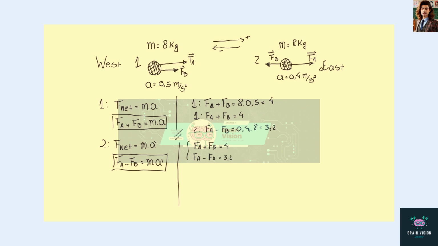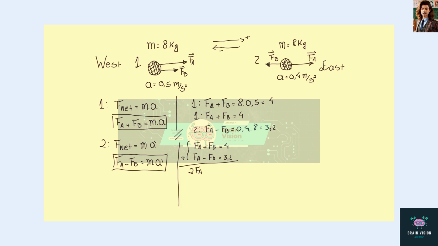Then, how can we calculate the force Fa, for instance? Well, for Fa, we only have to sum both equations. We can see this because here we have plus Fa and plus Fa again, which gives us 2 times Fa. Now, for Fb, we have plus Fb minus Fb, and this gives 0.